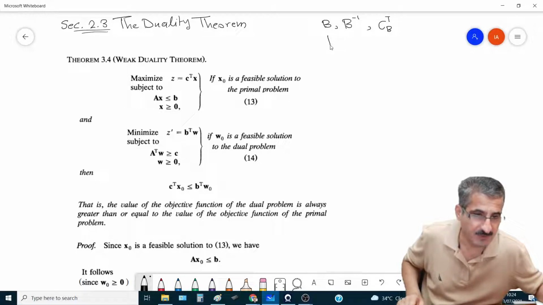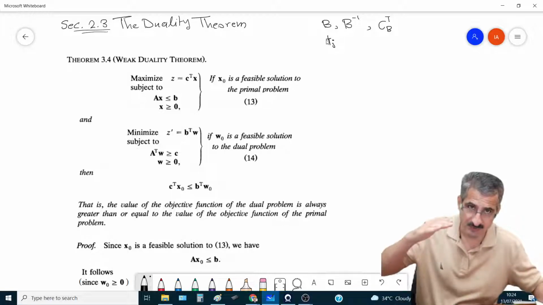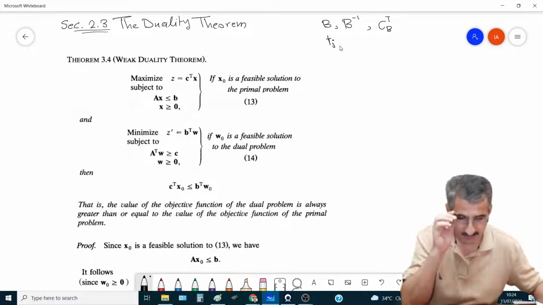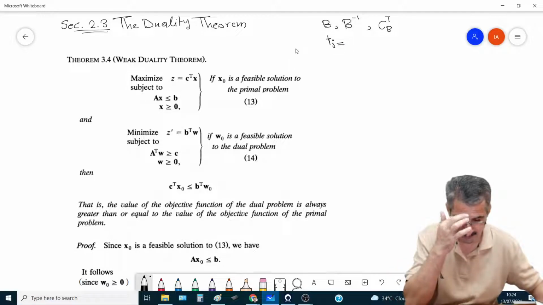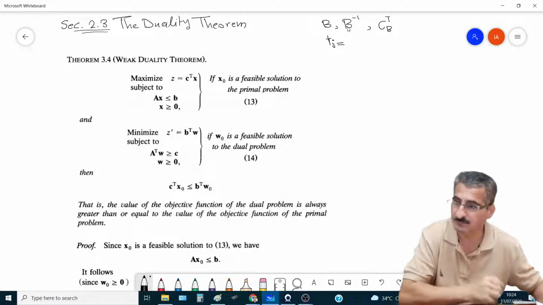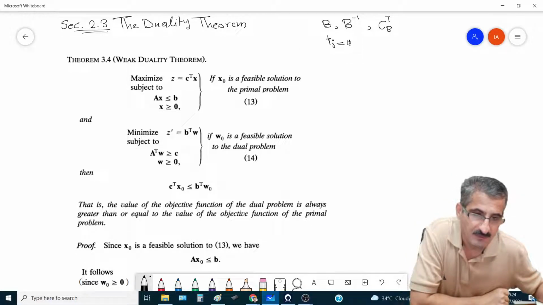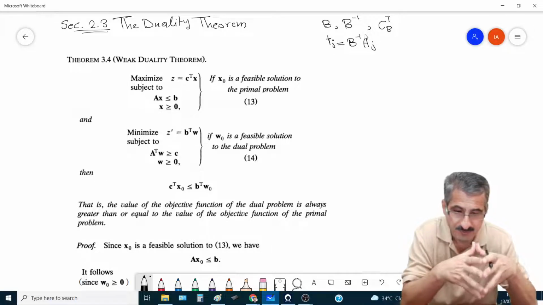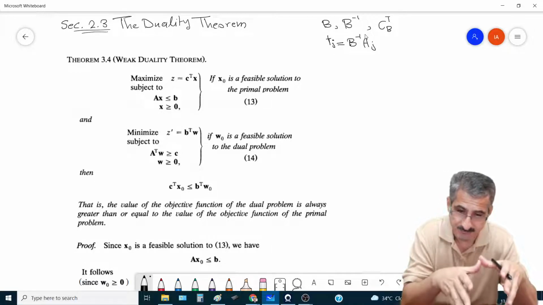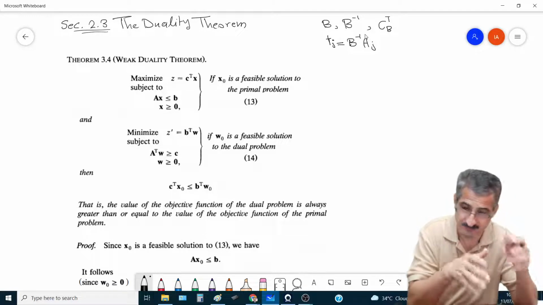And then we learned that to obtain the jth column of the next table, assuming we are at some table, we will write that to be equal to what? So do you remember? It is B inverse A_j, where j is the column, the jth column in the current table, or in the previous table, let me say.